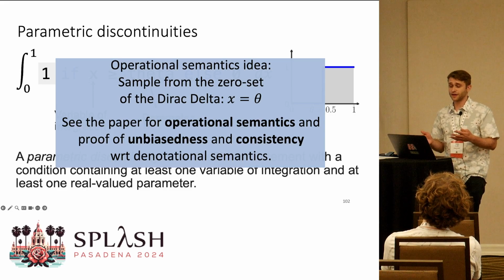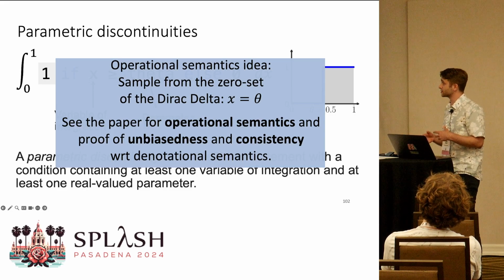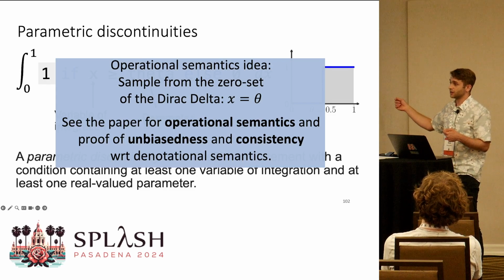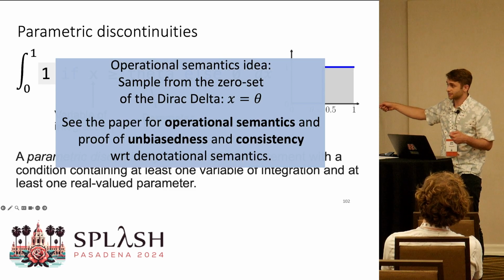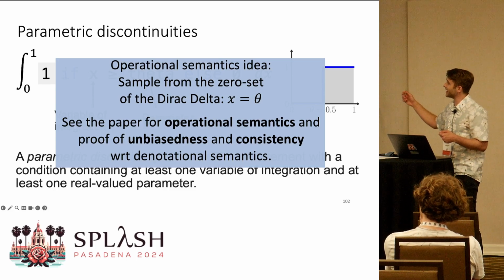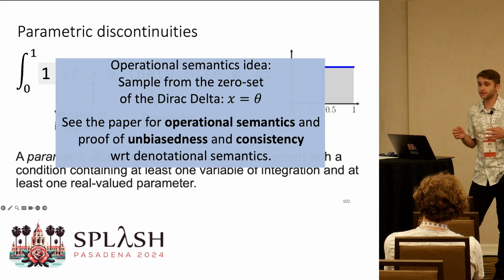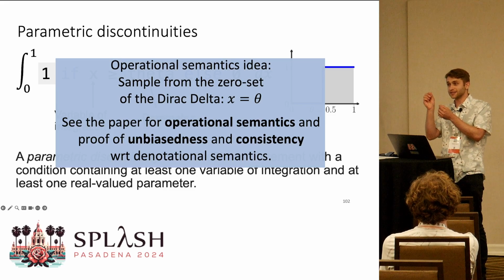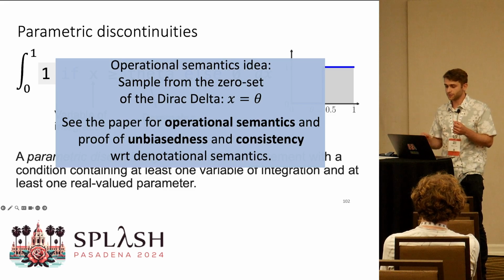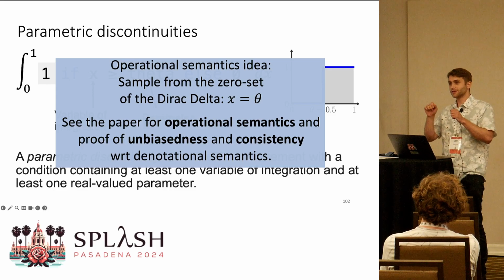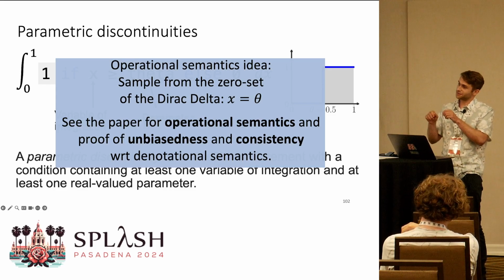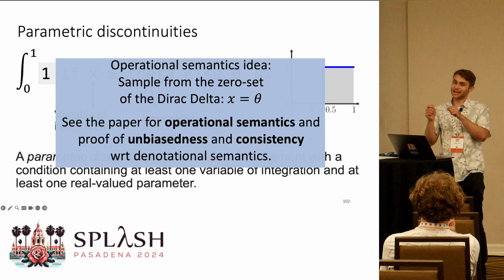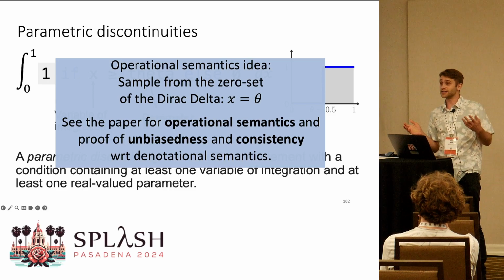And we also provide a full operational semantics, which we show is an unbiased and consistent estimator of the denotational semantics. And I guess the key idea of our implementation is we sample those Dirac deltas. So for example, this step function, which jumps at theta, and then when we take its derivative, we have a Dirac delta at theta, will sample the point x equals theta, which otherwise wouldn't be sampled.